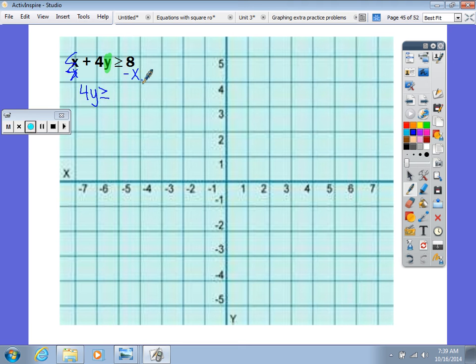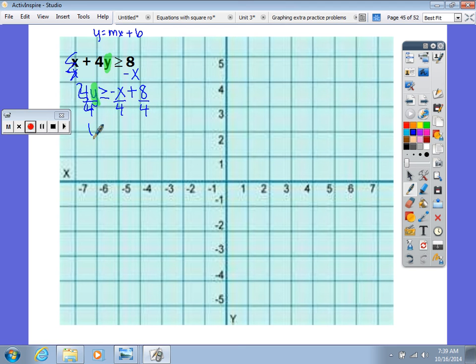Now, since I want slope-intercept form, and remember, slope-intercept form is y equals mx plus b, my x needs to come first, just to keep it in the correct form. So this is negative x. It's going to be negative x down here. This was positive 8, so it's still positive 8 when I rewrite it. Now my y is still not isolated because I have it saying times 4. So I'm going to go ahead and divide every single thing by 4.